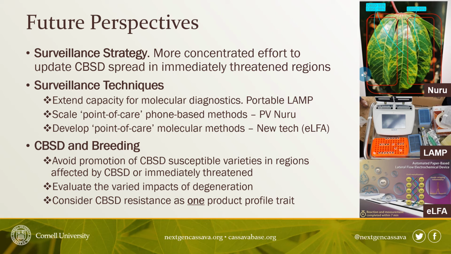The final thing is probably a little bit surprising from someone who works on plant pests and diseases. It's that brown streak resistance should be considered as one product profile trait. And it's extremely important, as probably most of us know, but maybe we need to be reminded that there are multiple other traits that we should not forget.